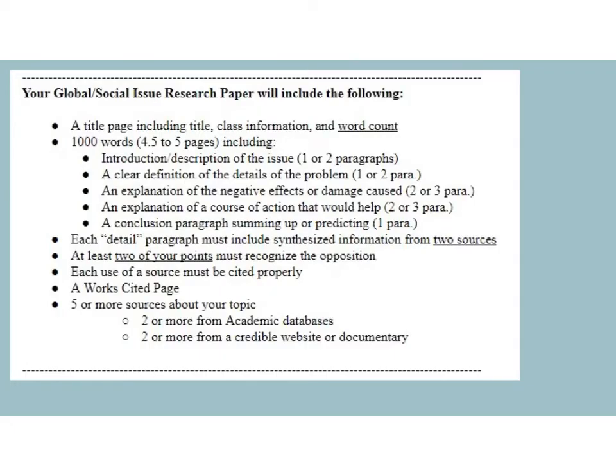So, here are the things that you really need to look for, need to make sure that you have, okay? It says you need a title page, including some information. Okay, we'll look at that to make sure that's there. And then at the end, you need a works cited page. So those two pages, separate from everything else, are easy to identify, but they're also easy to skip.